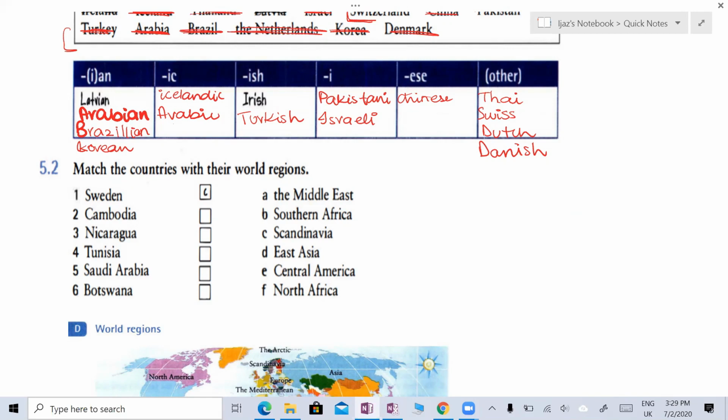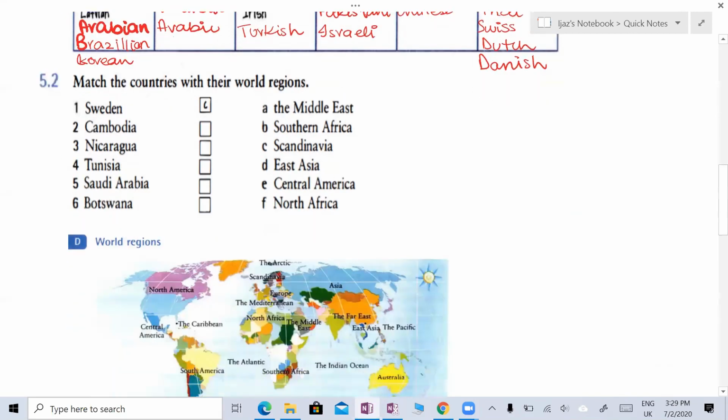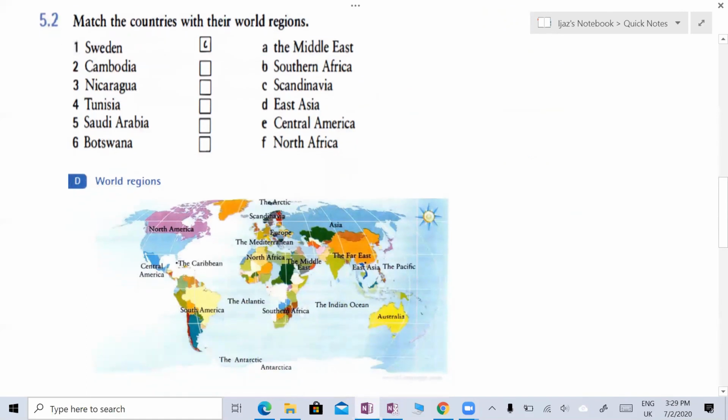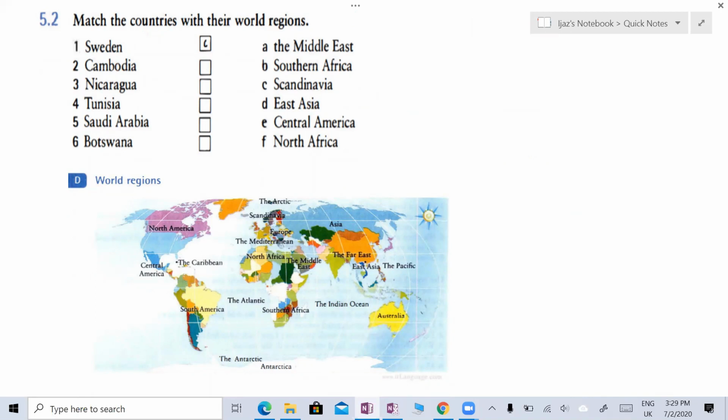Okay, the next part is slightly different. If you look at the regions, the globe, I tried to copy it here. The lesson is mainly if you are good at geography or history of different countries, maybe you can perform better, but those who are not very good at geography might find it difficult.